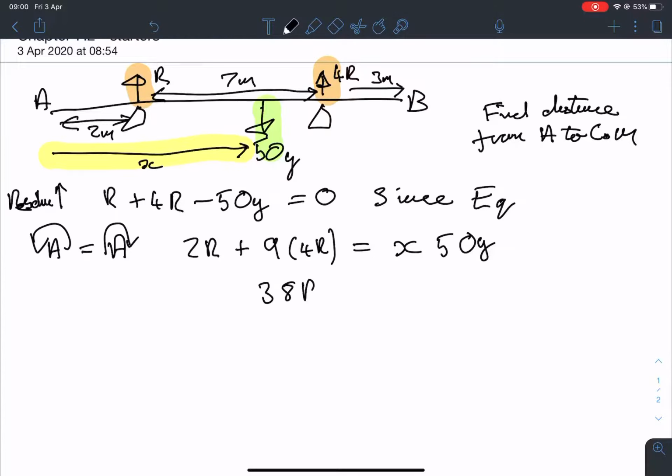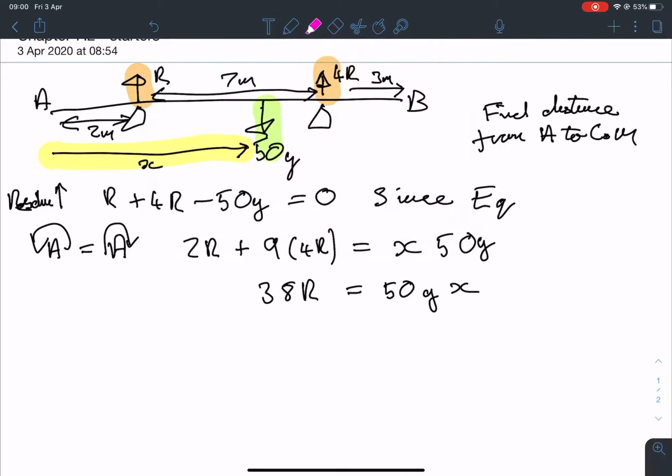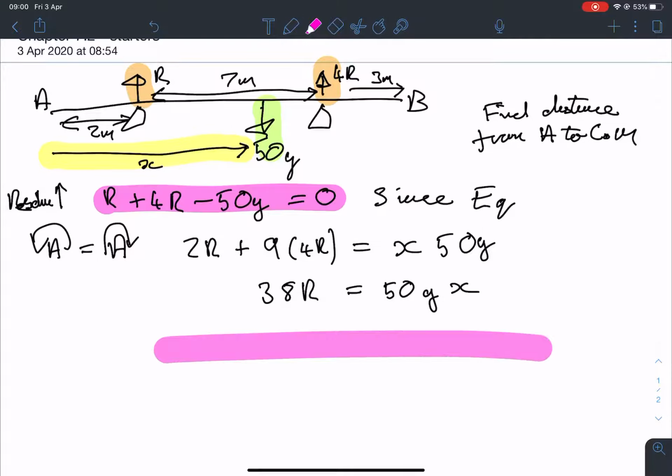The distance to the weight is X, so we get X times 50g. So now we've got 2R plus 36R is 38R equals 50gX.